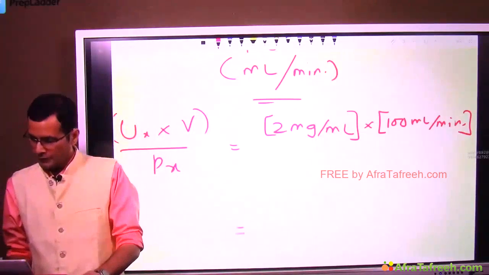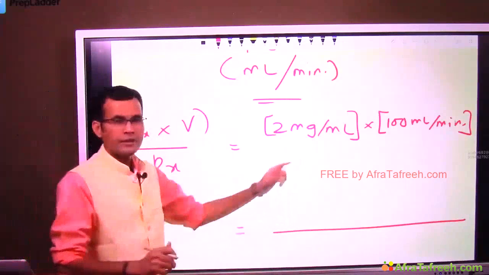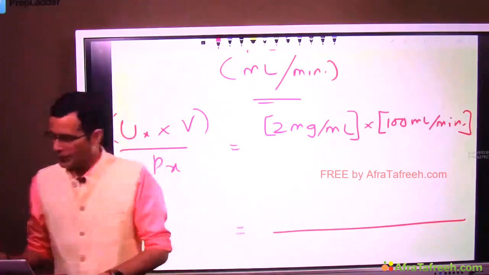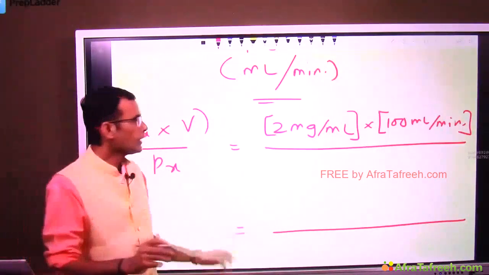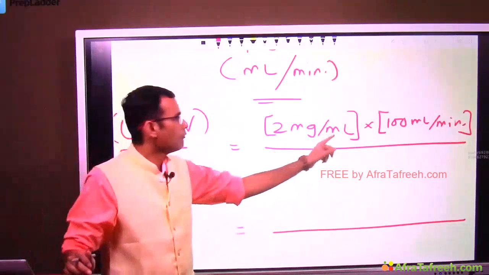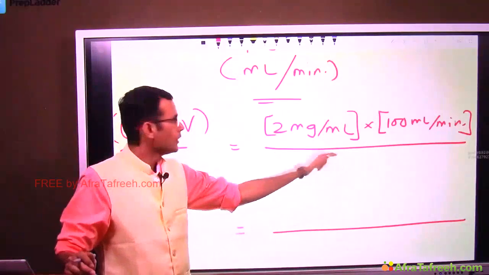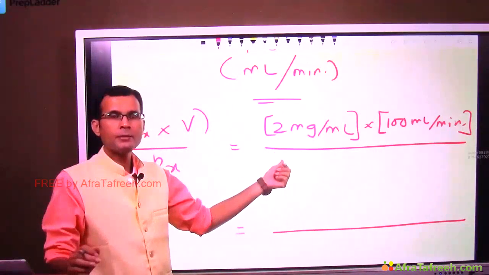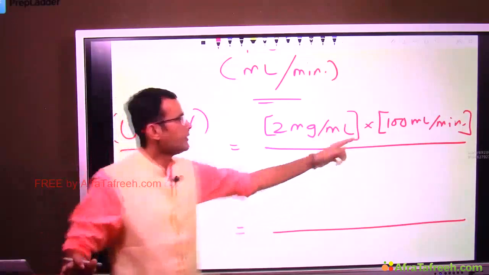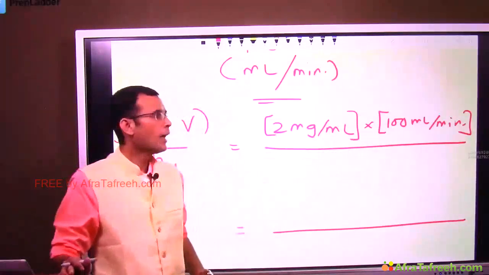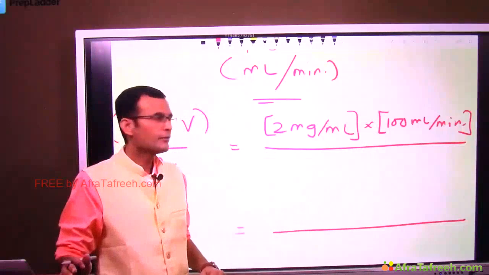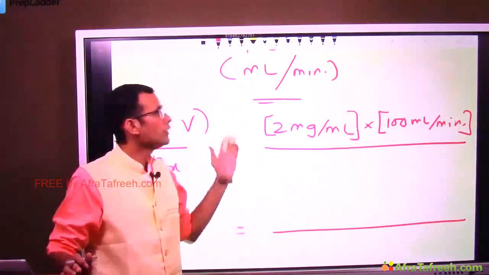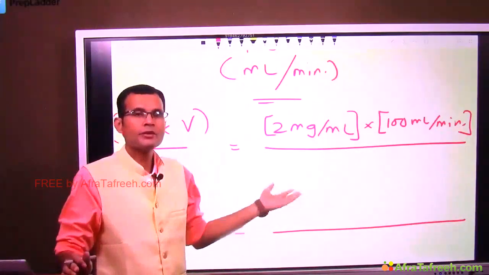That means in this, the numerator would be, see, in every 1 ml of urine, 2 milligram substance is being excreted. That means in the 100 ml urine, how much will be excreted? 100 into 2, that's 200 milligrams, isn't it?